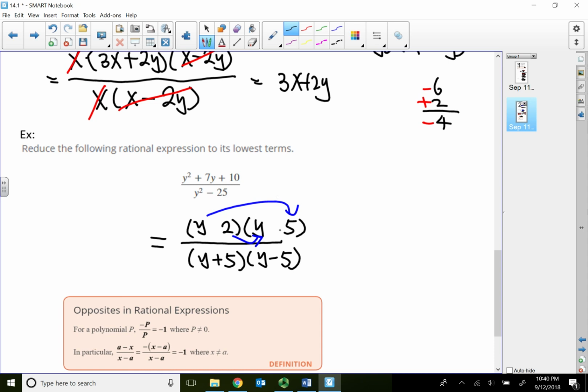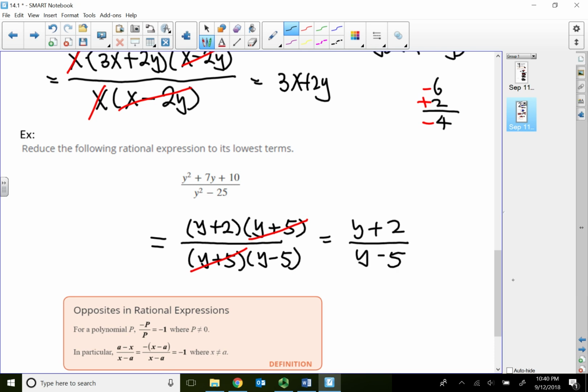So my signs need to be both positive to end up with a positive 7y. All right, so let's see what I can reduce top and bottom. I think the plus 5 can be reduced. So the only thing left on top is y plus 2 over denominator y minus 5.